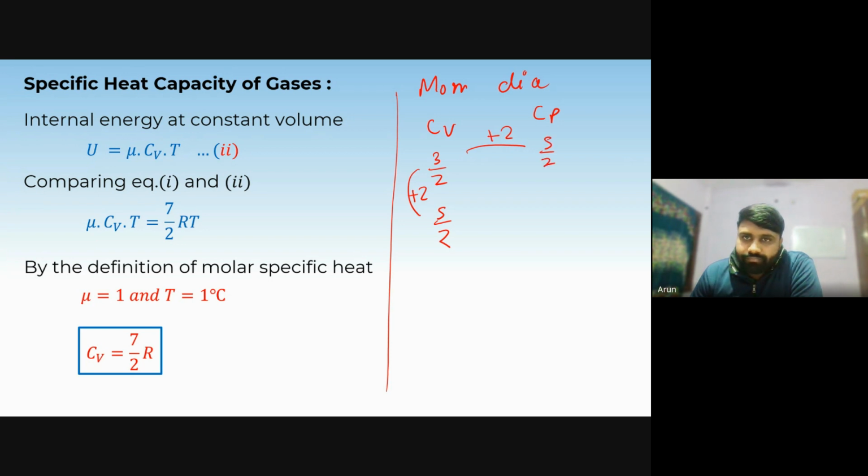For dia, Cv is 5 by 2, and Cp is 5 by 2 plus 2, so 7 by 2. This is only for the rigid rotator. If dia is not rigid, Cv is 7 by 2, plus 2 again. Okay, this way.